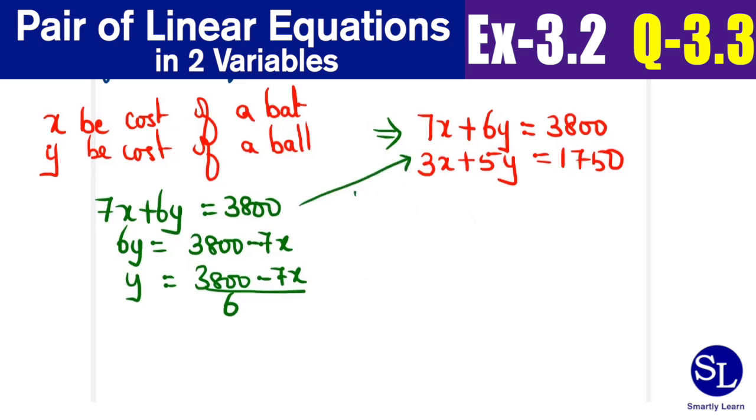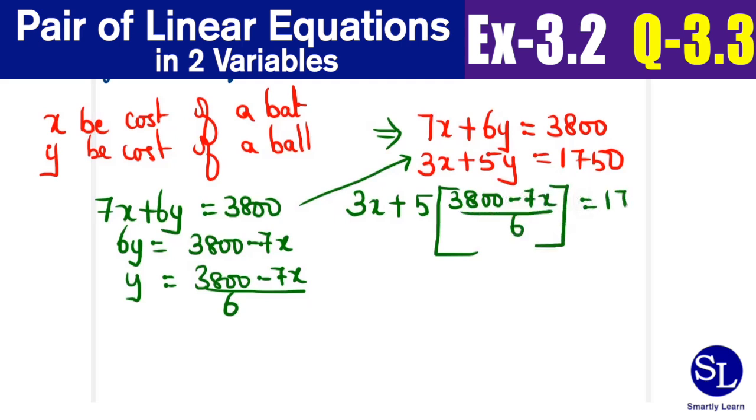So let's do that. 3x plus 5 into, instead of y, I'm putting this whole big expression, (3,800 minus 7x) divided by 6, is equal to 1,750. Now let us do a term-wise multiplication with respect to 5.